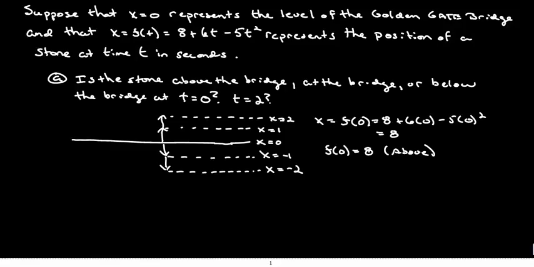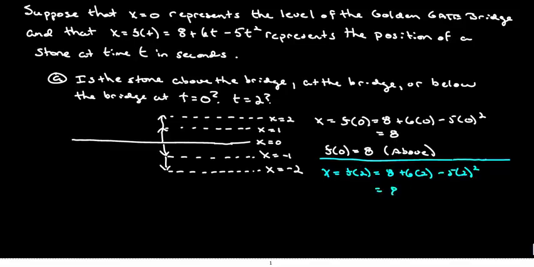So let's take a look at time 2. I'll do it in a different color here. When t equals 2, we want to know the position, which is given by x. So f at time 2 will be equal to 8 plus 6 times 2 minus 5 times 2 squared. So that's 8 plus 12 minus 5 times 4.